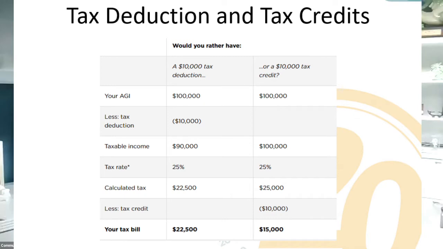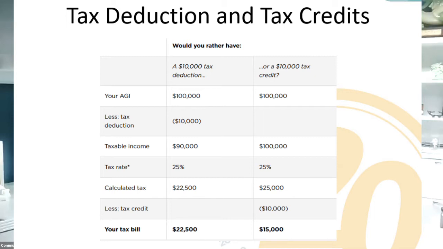But tax credit works this way. Tax credit says that, well, you made $100,000, go ahead and pay your taxes. So that's $25,000. But the $10,000 is not tax deduction. It is actually tax credit. Boy, you pay so much less taxes, because that's $25,000 in taxes minus $10,000.